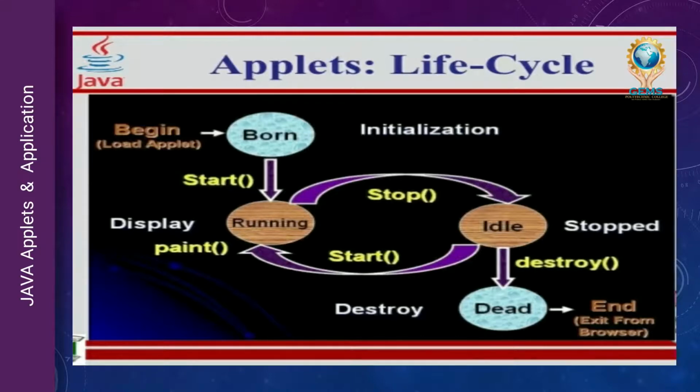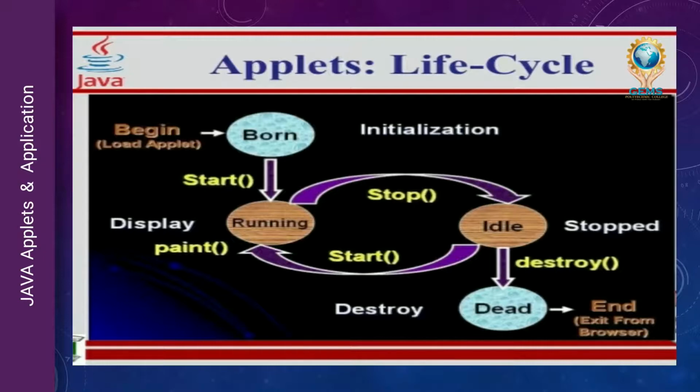When you load the application, the stage is called the born stage. After being loaded and started, it goes to the running stage, and from running it goes to the idle stage, then running again. When it is in the running stage, it will display the things.